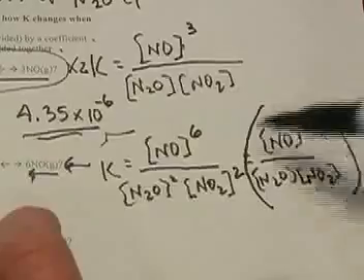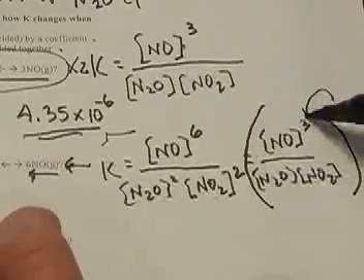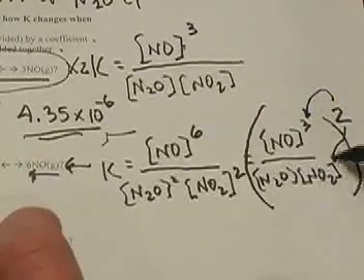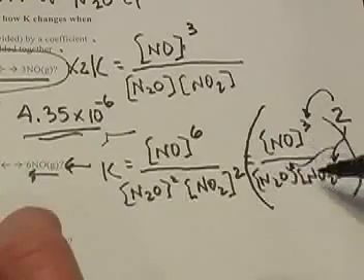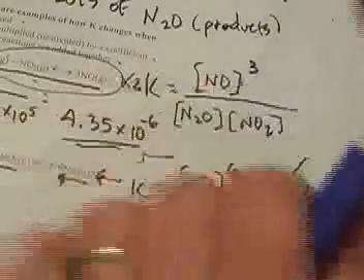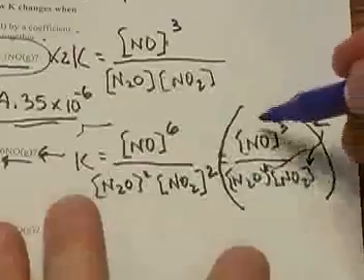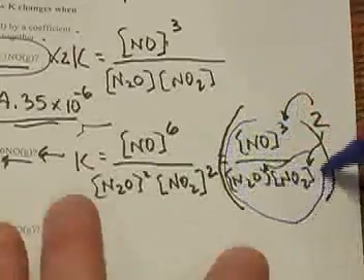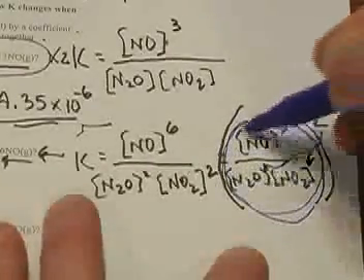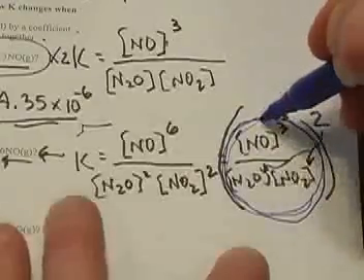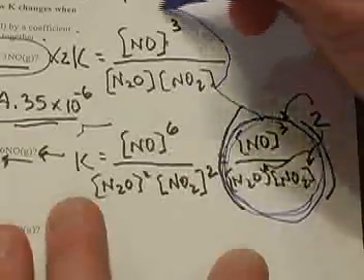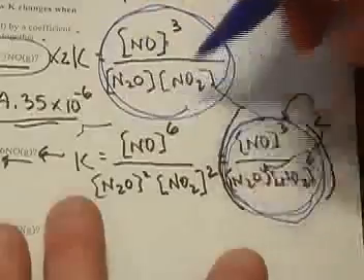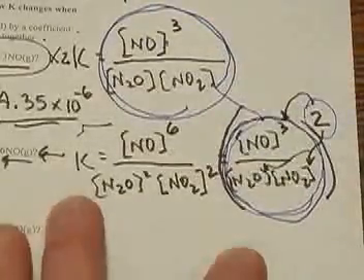When you square something like this, remember you would distribute or take this power and multiply each of them by 2. The cool part is, though, look at this part that's inside the parentheses that I'm circling in blue. This is exactly the same as this, except we've squared it.